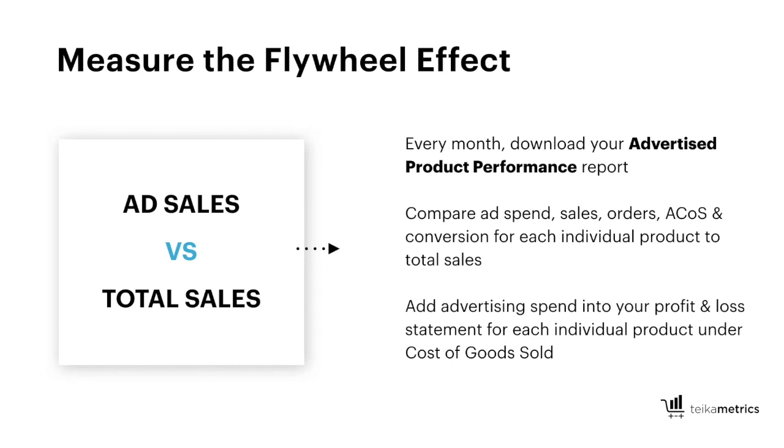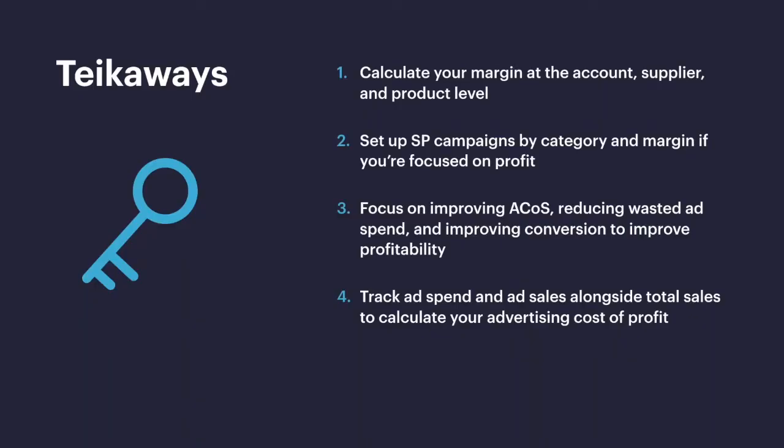So if we just briefly go through the takeaways, I think we hit on these points pretty hard today, right? Calculate your margin at the account level, supply level, and the product level. See where your money is going. Set up your campaigns using that information, not only by category and by goal, but really importantly by margin when you're focused on profit.